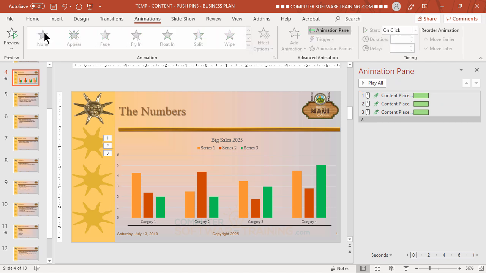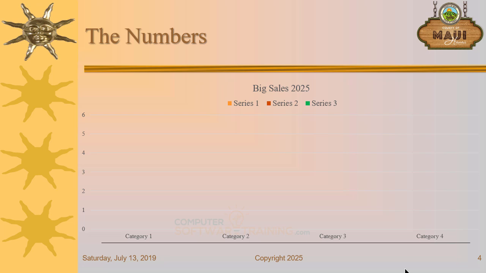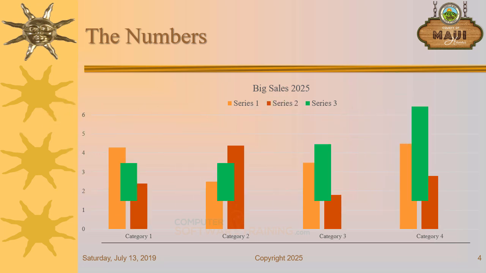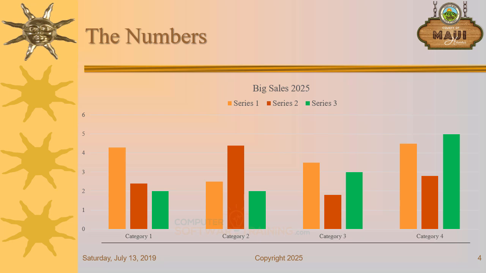Now if I go back into the slideshow, the framework has already appeared, since we took the animation off of that. Now when I click the mouse, there's your orange for series 1, there's your series 2, and there's your series 3. That's pretty cool. I just don't like the idea that it's bringing in the framework as well. I'd rather the frame appear and then boom, boom, boom, right?